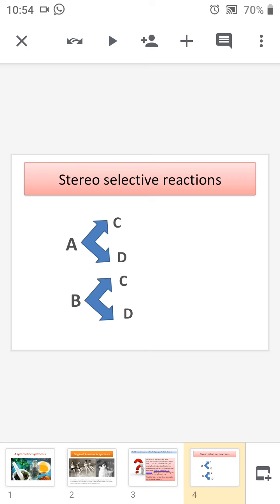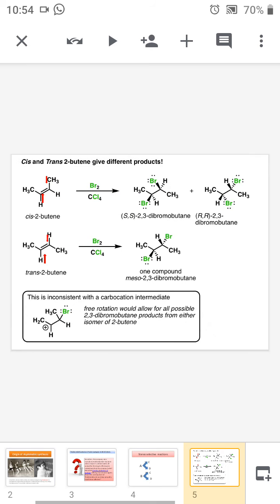A stereoselective reaction depends only upon the stereochemistry of the product formed during the chemical reaction and the number of product stereoisomers produced after the reaction. Now we are moving into one example.